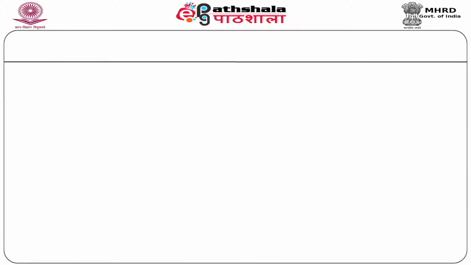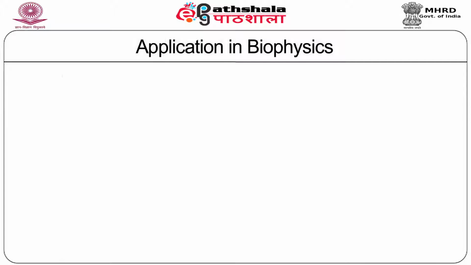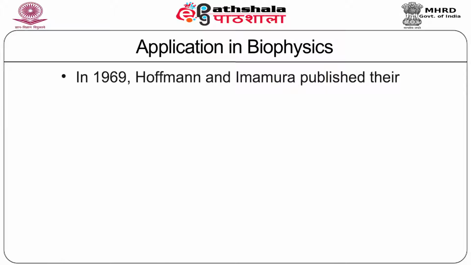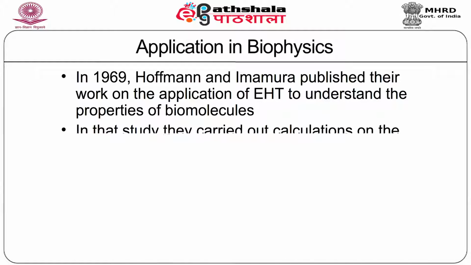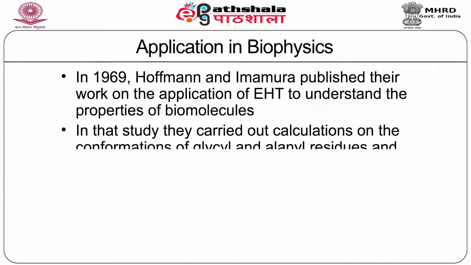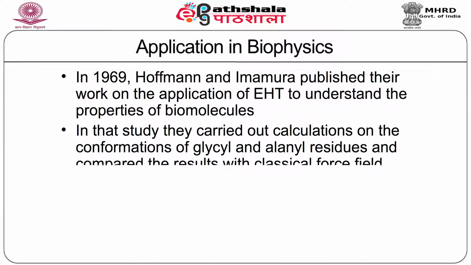It is interesting to go through some of the applications of the extended Huckel method in biophysics. The first such application was done by Hoffman himself. In 1969, Hoffman and Imamura published their work on the application of the extended Huckel theory to understand the properties of biomolecules.